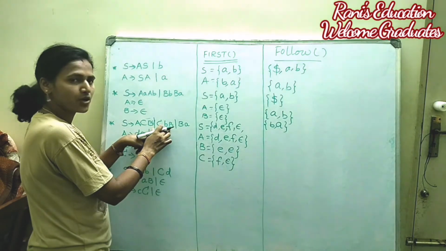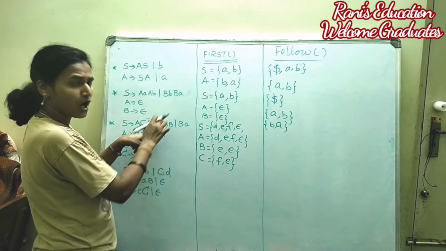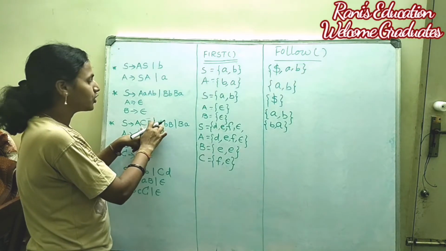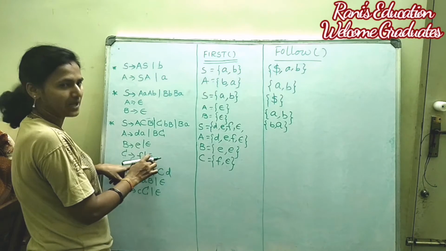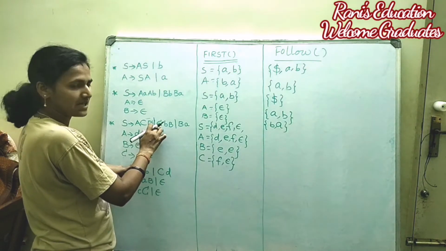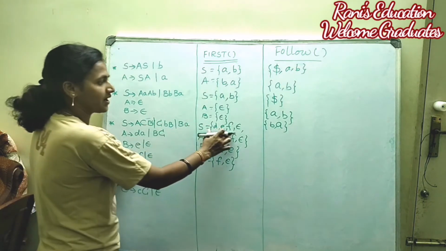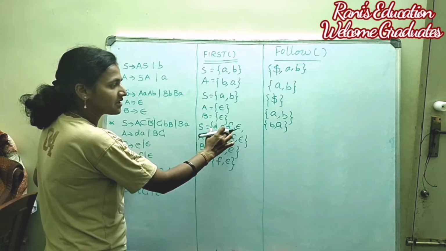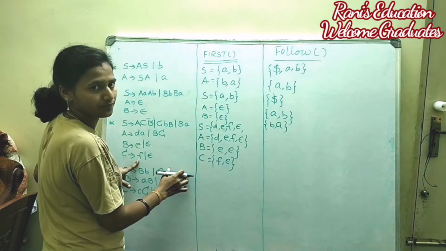Now move on to the second production here. In this second production, the RHS starts with a non-terminal C. So I am going to replace this non-terminal by its corresponding production, that is F and epsilon. If I replace C by F, the RHS starts with a terminal, that is F, which is already defined. So dear friends, here we have to remember replication is not allowed.